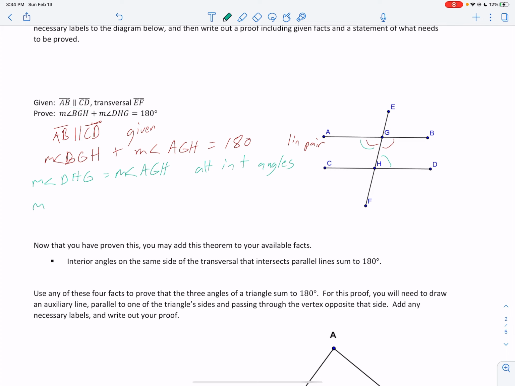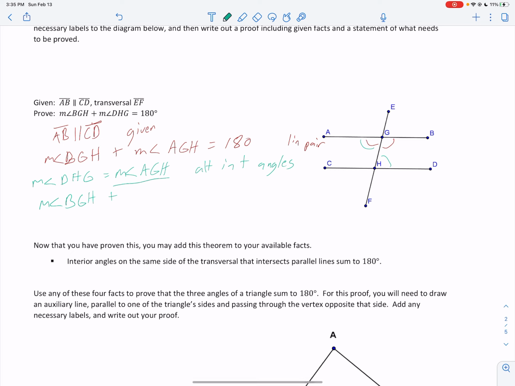So the measure of angle BGH plus the measure of angle DHG. So what's cool about that, though, is that I have this statement, measure of angle BGH plus the measure of angle AGH.